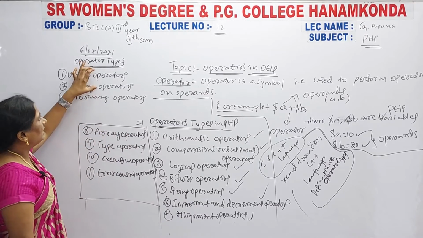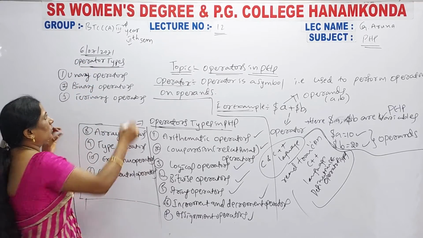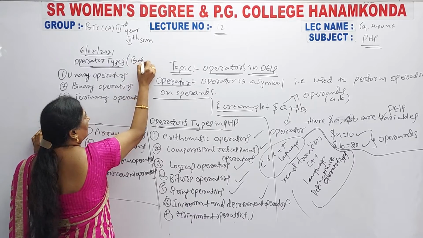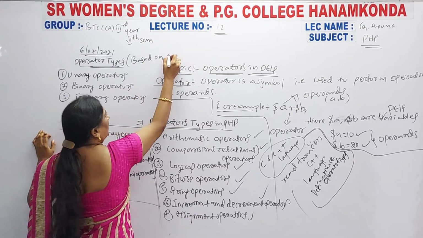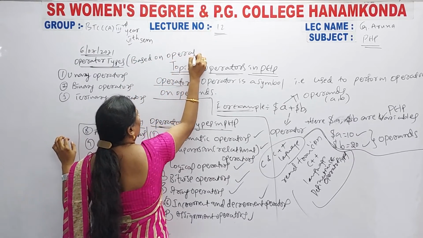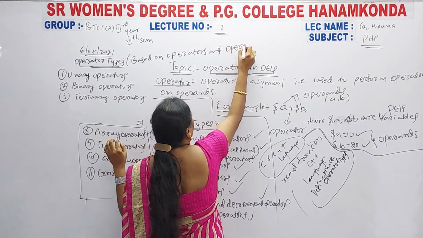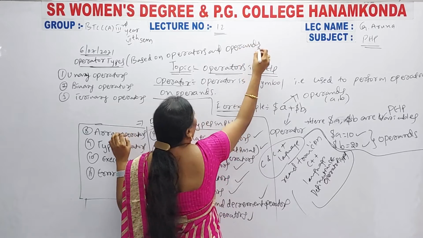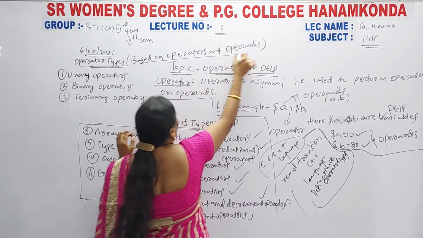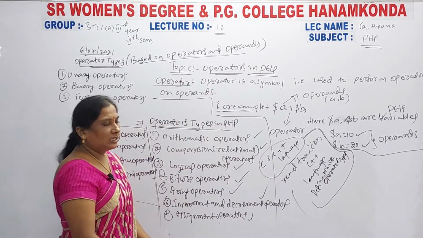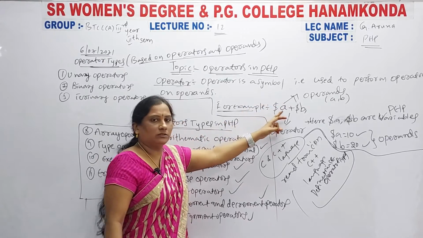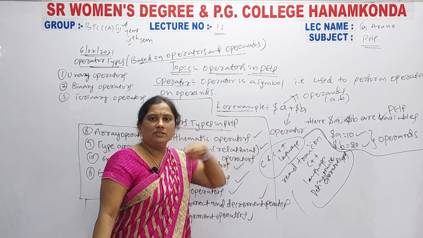Based on operators and operands, these three can be divided. Like this is one expression, and in it there are some operands.